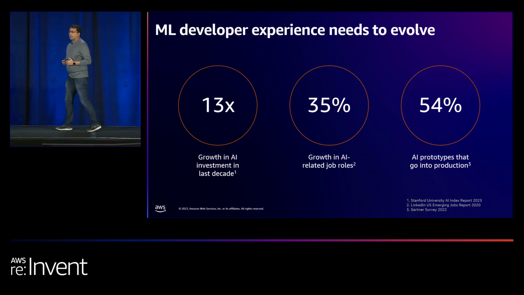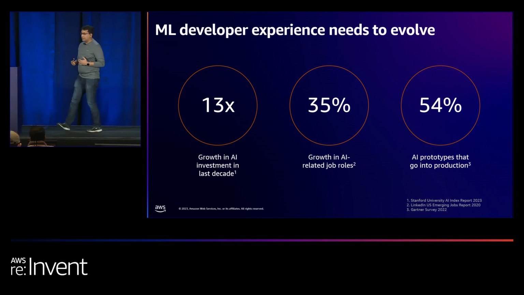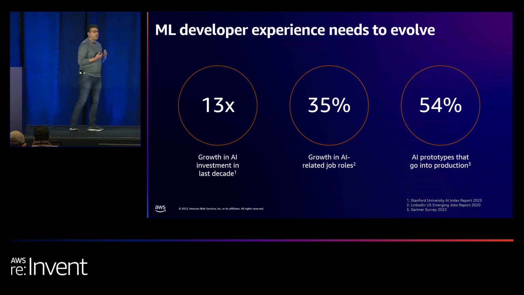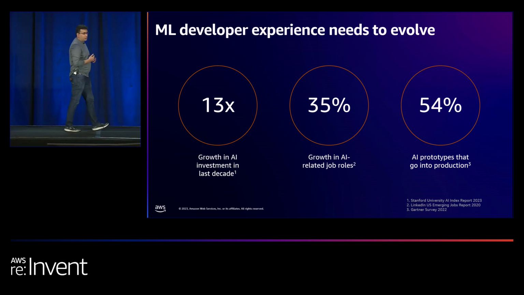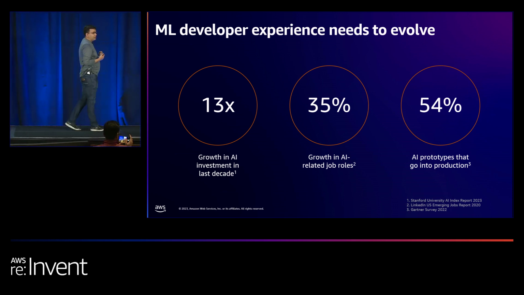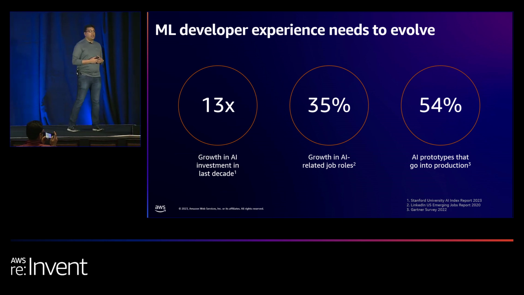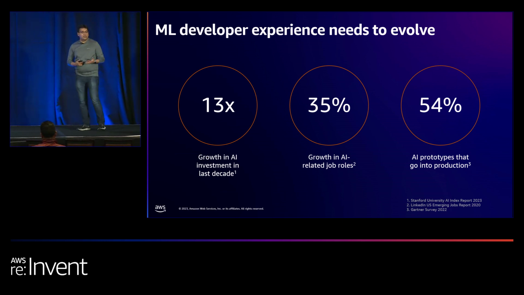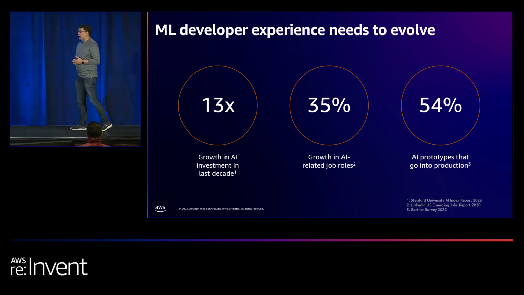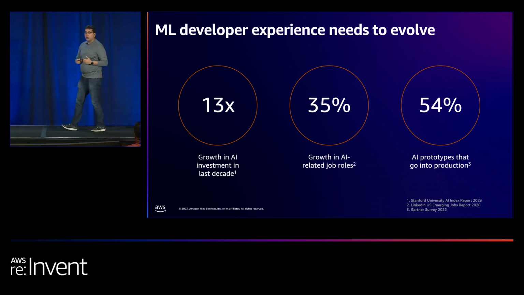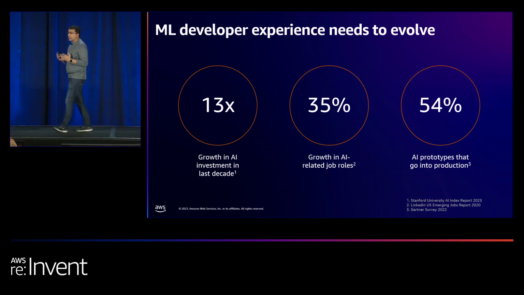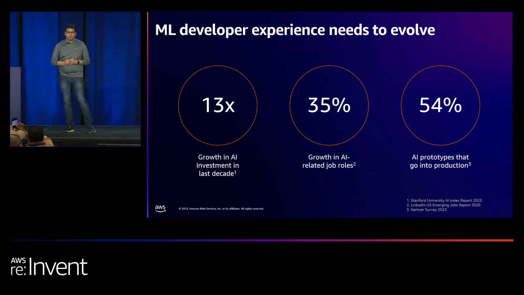So one of the first trends I want to talk about is just the increasing pace of AI adoption. One of the key indicators of AI becoming pervasive in our economy is just the growth in AI investments. The AI Index report, published by Stanford University early this year, estimates that the global corporate investments in AI grew by a staggering 13 times over the last decade.